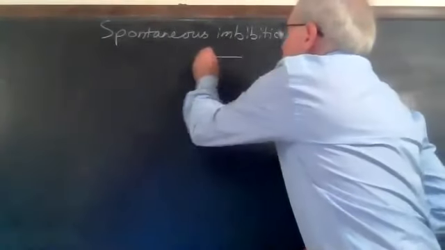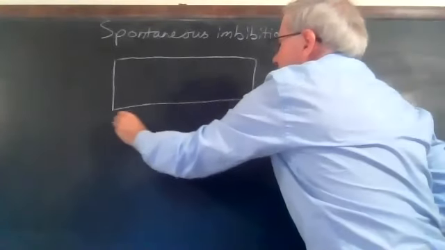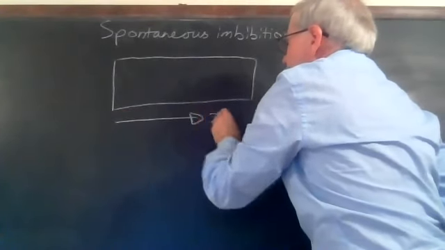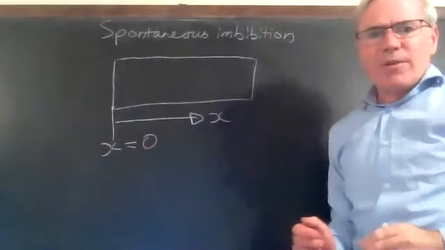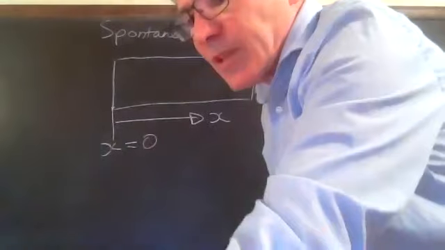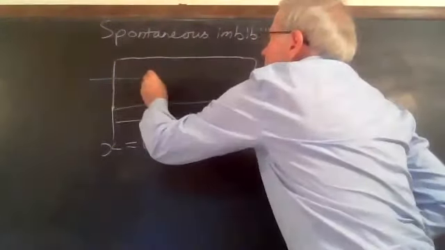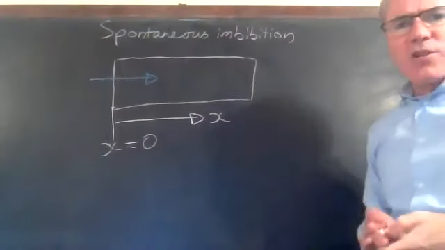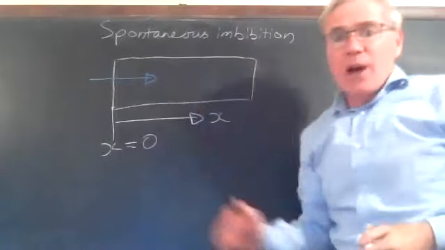The way in which we can describe it, imagine a rock like this. This will be the x direction, and this will be the location x equals 0 here. Then we'll have a wetting phase that will imbibe into the rock. Because it's a one-dimensional flow, we're going to assume that all of these surfaces are blocked.